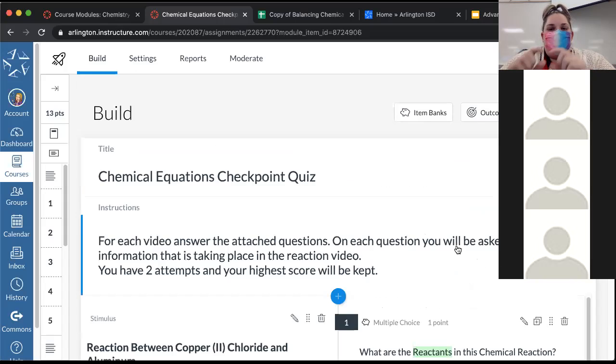So what you can do is copy the reaction from the previous question, it tells you the directions. And then you can use that and just type in your coefficients like we did on the practice. Okay. All right, so let me stop sharing.